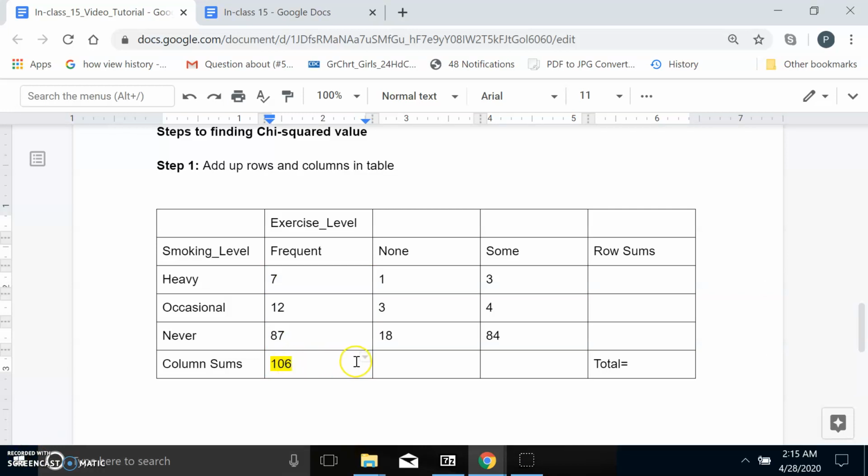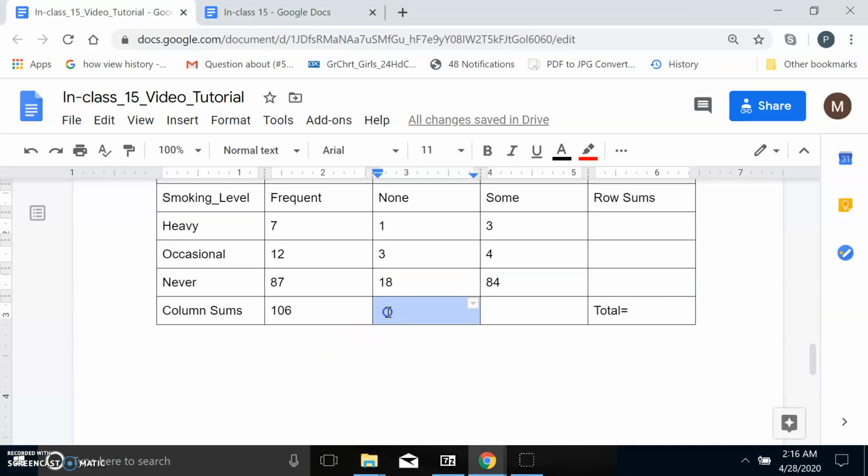Moving on to the next one. So these two, adding those, we get 22. Adding these ones, we get 91.